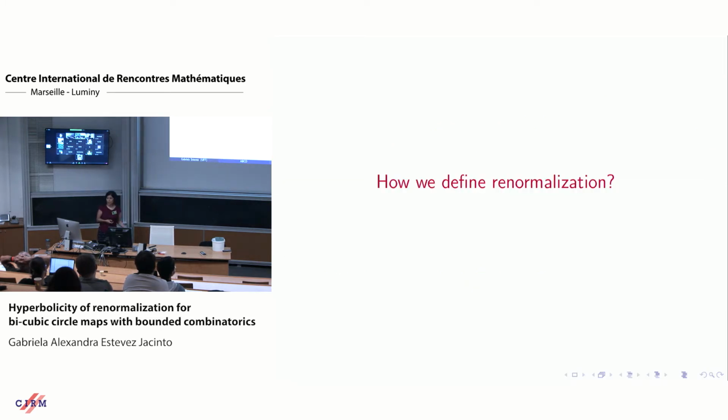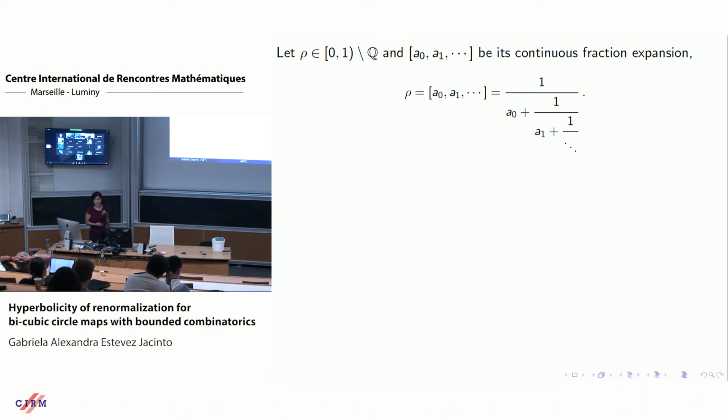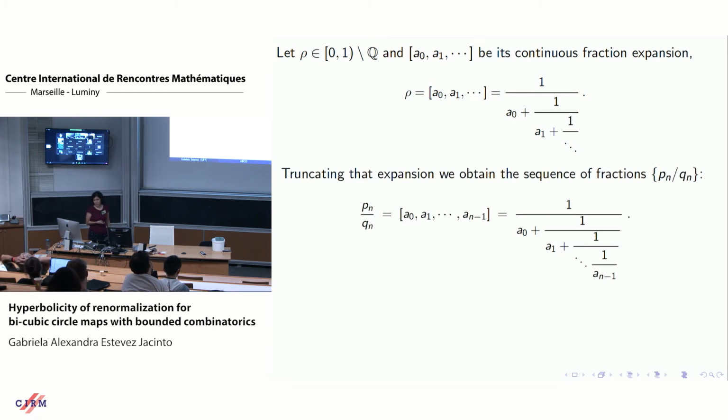Now I'm going to go to the renormalization. I'm going to try to explain a little more what Misha Shishikura talked about this morning. Just to recall, when you have an irrational rotation number, you associate an infinite continued fraction expansion. The idea here is to truncate that expansion.